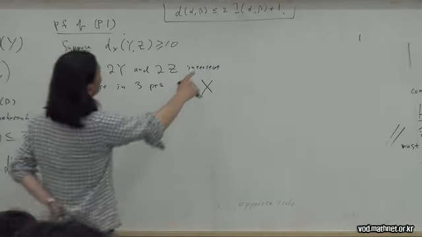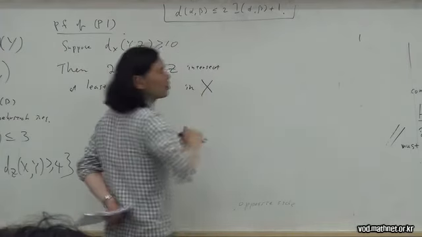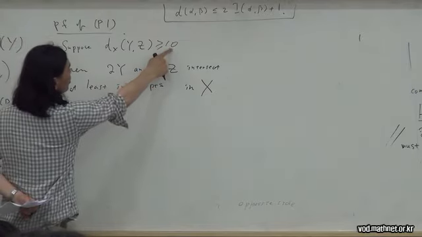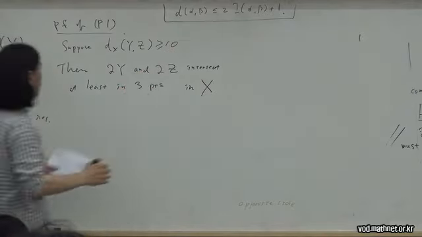It looks like at least 5 points. Anyway, I just need 3 points. Maybe I only need like 7, but let me just use 10. Okay. Then what is the picture?